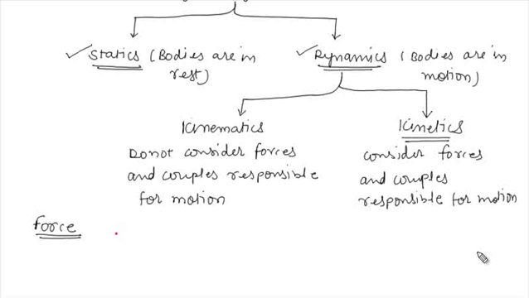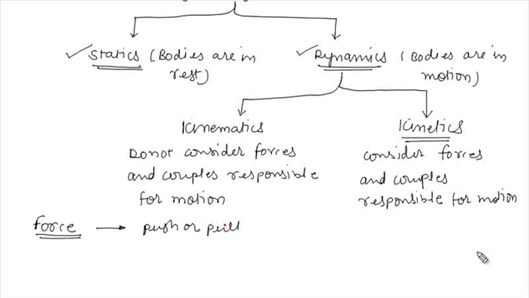We apply force on our door. We apply force to open the window. So there are so many examples in our daily life where we use force. But how can we define force? In a general sense, we can say it is a push or pull.